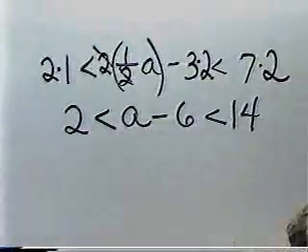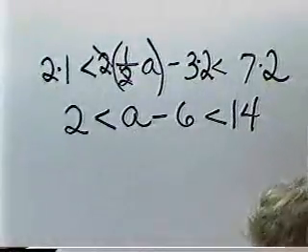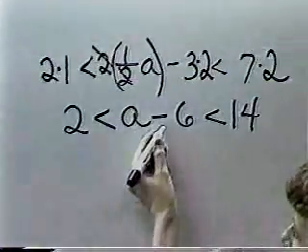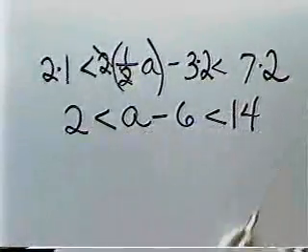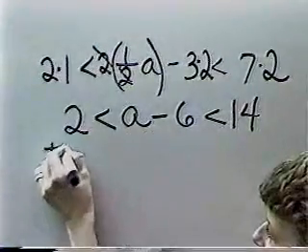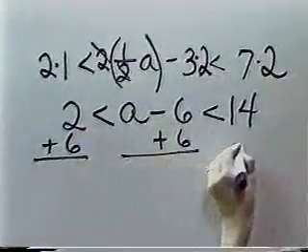All right, no parentheses here. Let's work on isolating the a. To do this, we'll add 6 to the left, in the middle, and to the right. I'll just use a different notation this time.